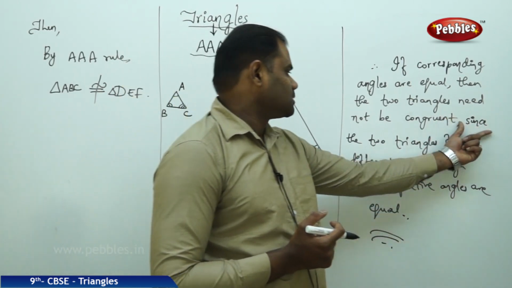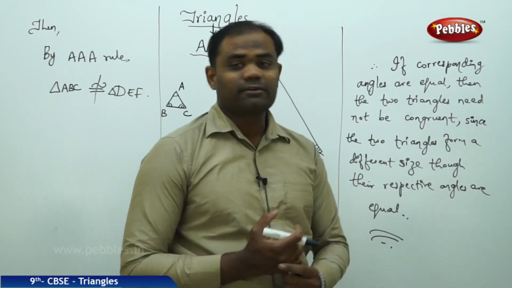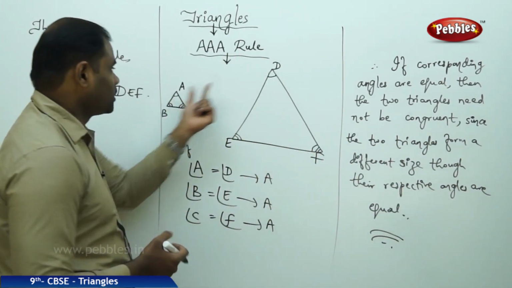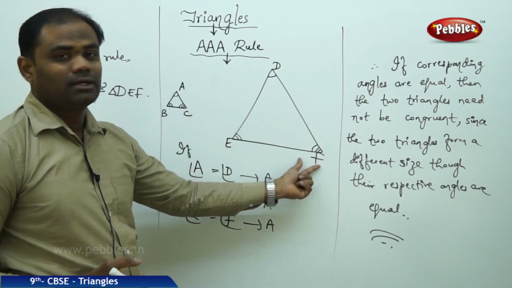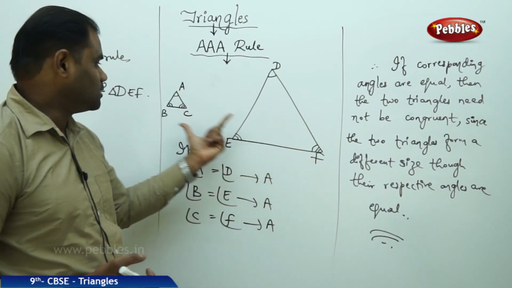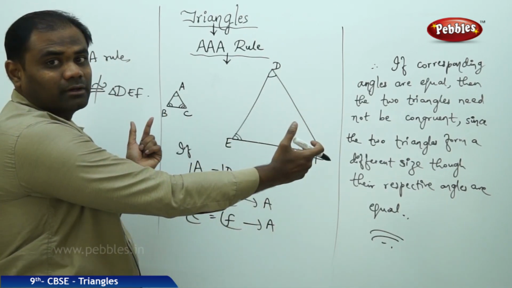The reason being that the two triangles form a different size, though their corresponding angles are equal, this being small and this being big.